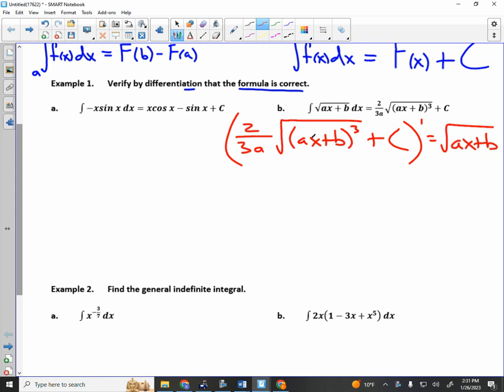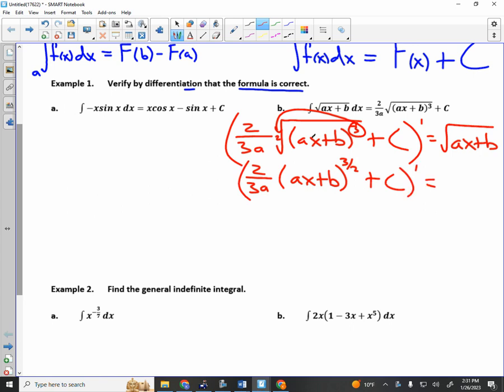I'm going to first rewrite it as 2 over 3a times ax plus b raised to the 3/2 power. That's what that means. Third power, and then the square root sign. Okay, so 3/2 plus c, that derivative is going to be equal to that.